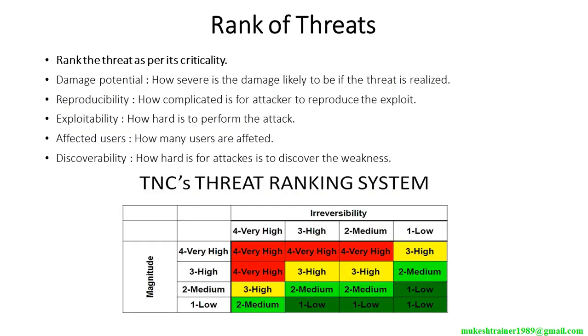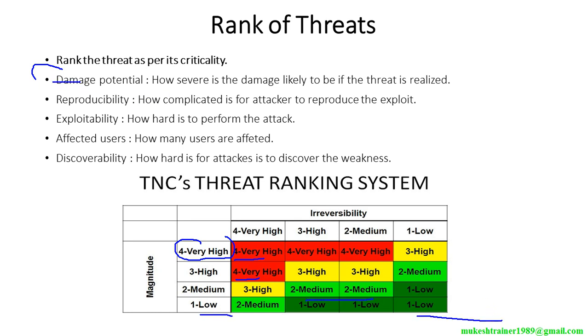Okay, so next, we already spoke about it, the rank of threat. If you look at the rank of threat, 4 is very high, 3 is again a high rank, 2 is a medium level, and 1 is a low level threat.